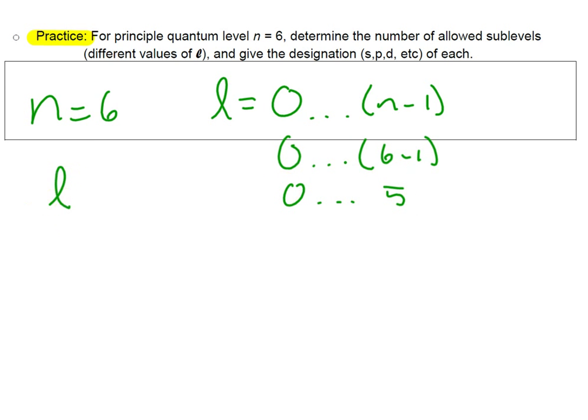So we're going to get l values of 0 to 5. Also, we need to label whether they are s, p, d, what types of orbitals essentially. l of 0 is always s, 1 is p, then d, f, g, and h. And that's all this question asked for. So let's go ahead and move on.